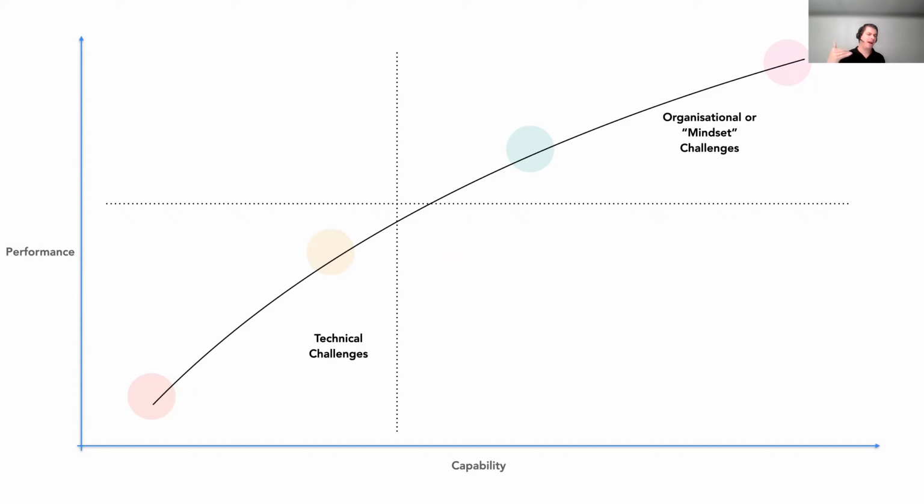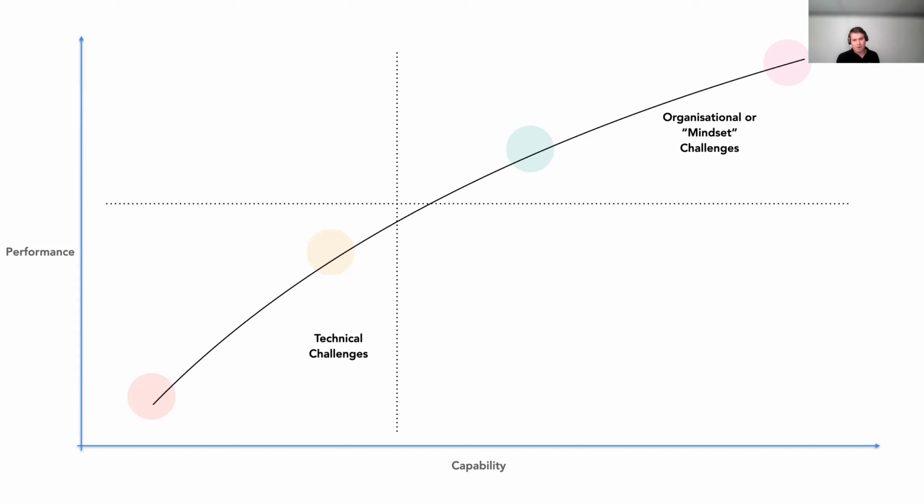You are already there with cloud. You have very good pipelines. You can really deploy continuously to production, but now the mindset is a little bit more difficult. Your whole organization has to adapt to this kind of velocity in your process. They have to think a little bit differently.